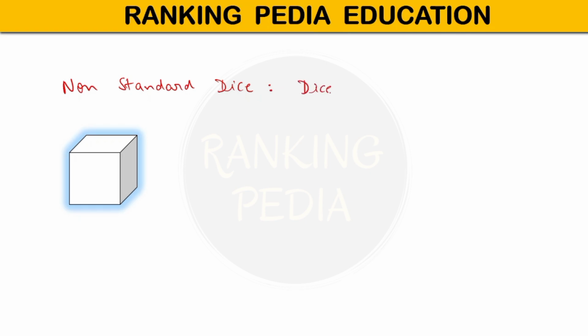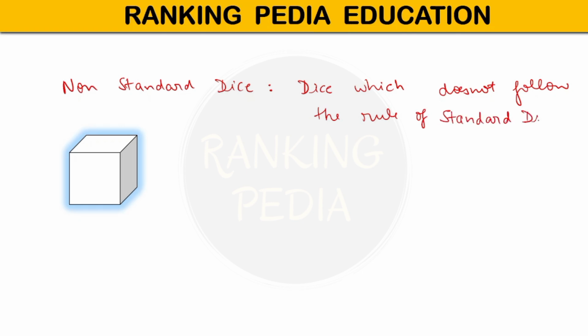This is a dice which does not follow the rule of standard dice. Now we will just recall what the rule of standard dice was. The rule of standard dice was that the opposite face sum must be equal to 7. So non-standard dice does not follow the rule of standard dice.